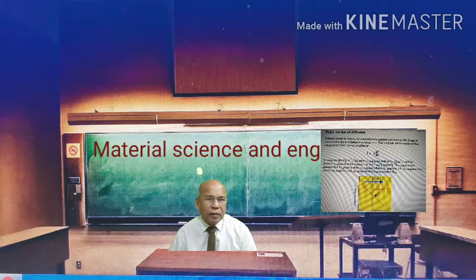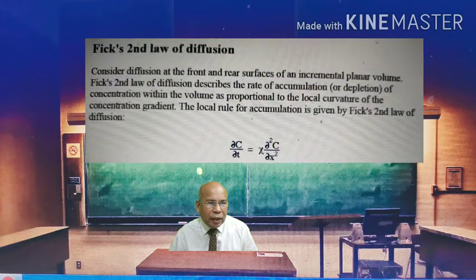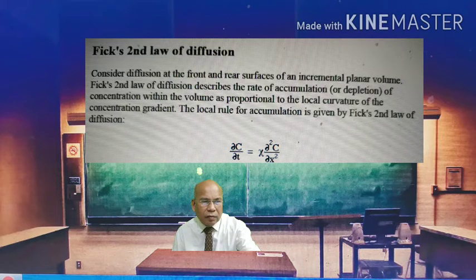Fick's law is indicated by J is equal to minus D, where D is the diffusion constant, and this also depends upon the rate of change of flux density with respect to time. Dou c by dou t is equal to chi dou square c by dou x square.